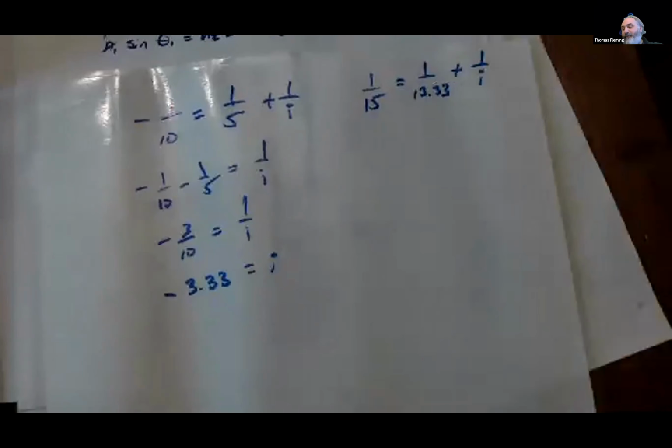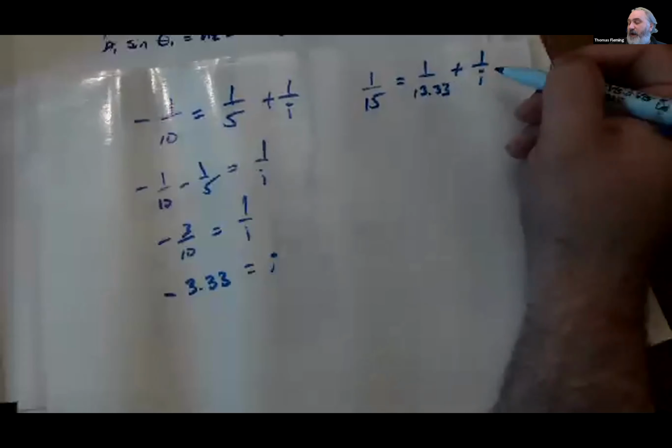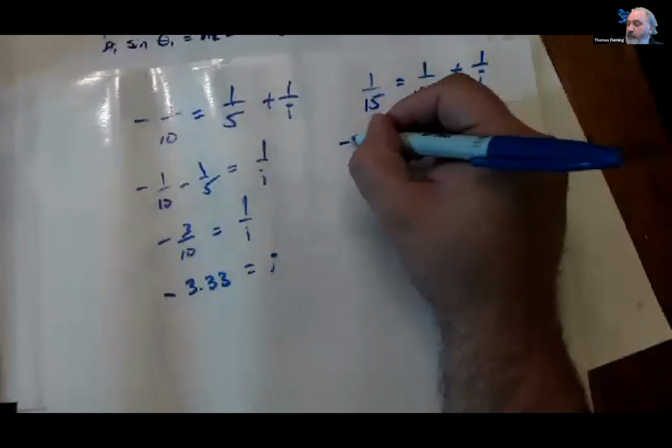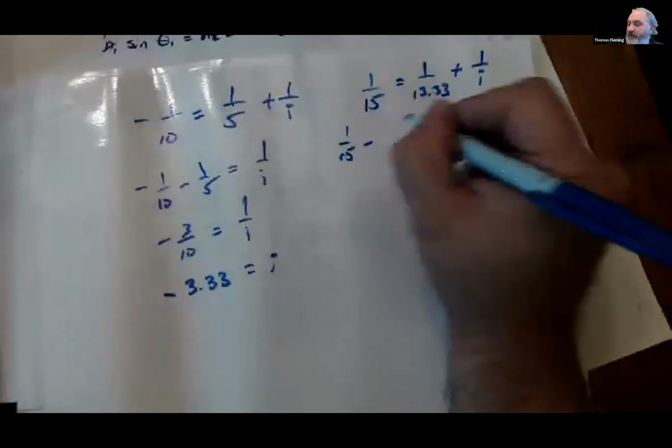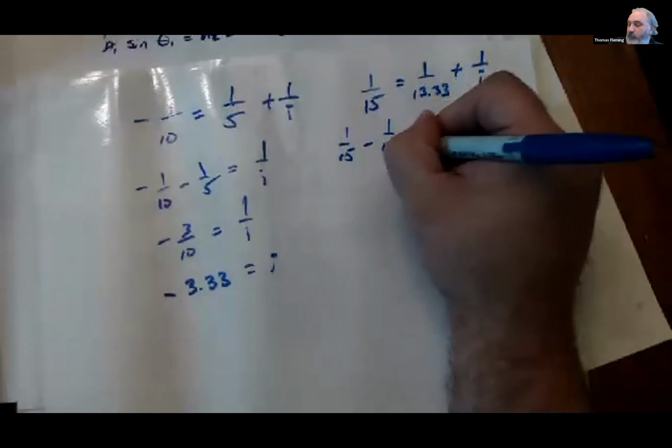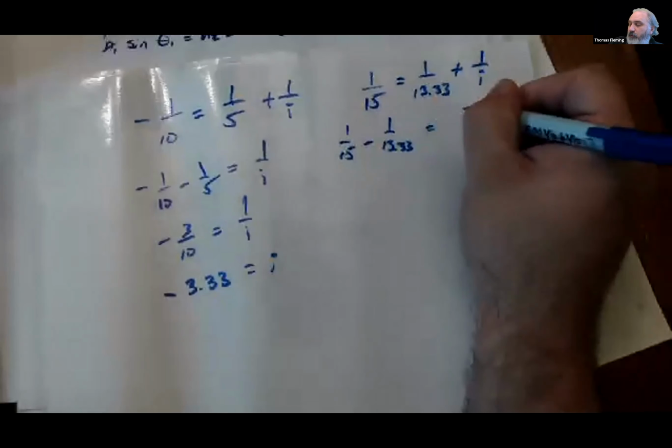So now I'm solving that for I. I'm going to have 1 over 15 minus 1 over 13.3 equals 1 over I. That's going to give me a negative number, because 1/15 is smaller than 1/13.3.